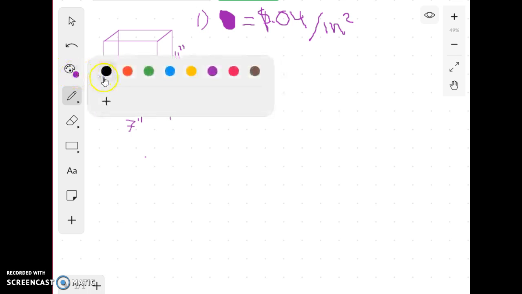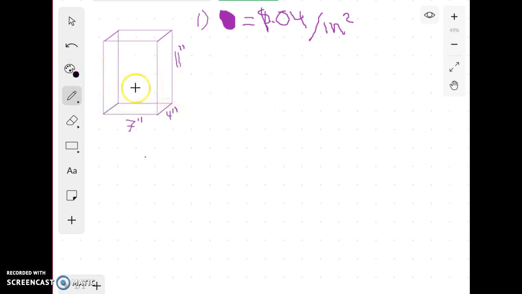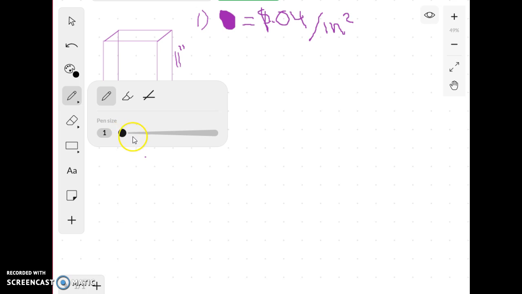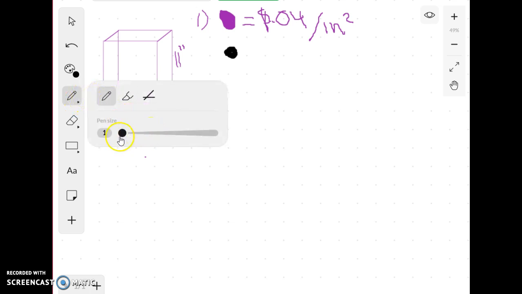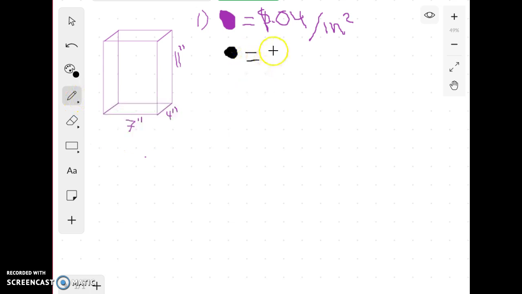Our checkered wrapping paper is 6 cents per square inch. So we'll denote that with this, and we will write it like this. Let's undo that. Inch squared. Okay. What else do we know?